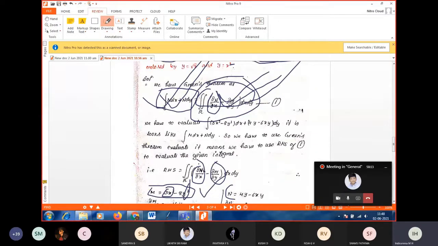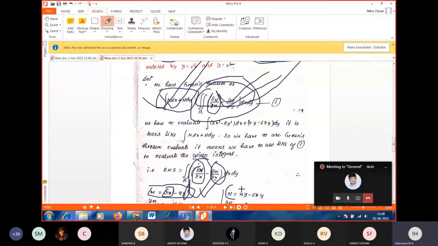N is 4y minus 6xy. How can I get dou n by dou x from n? Partial differentiation with respect to x. What are all constants? y is constant.